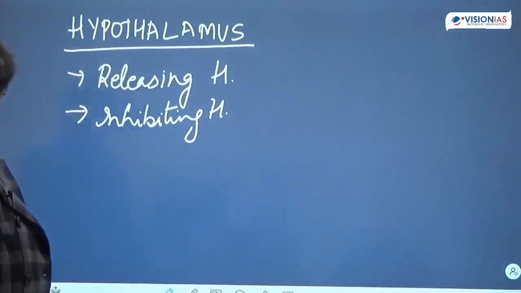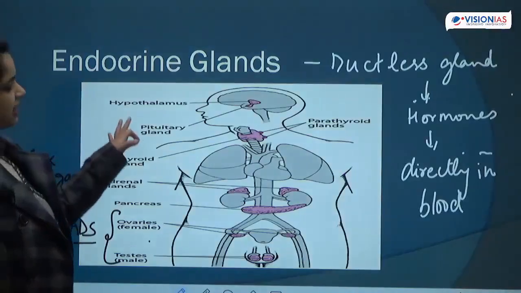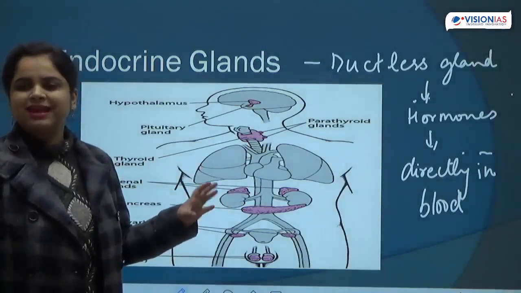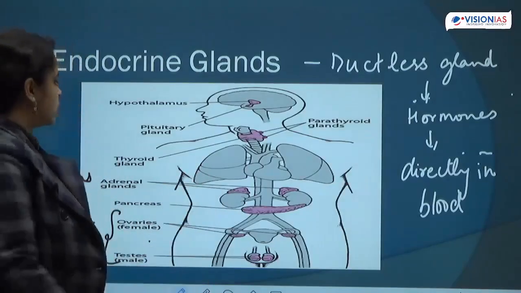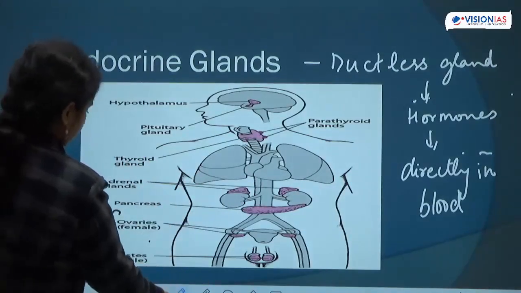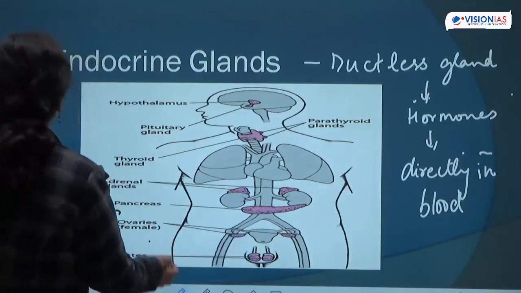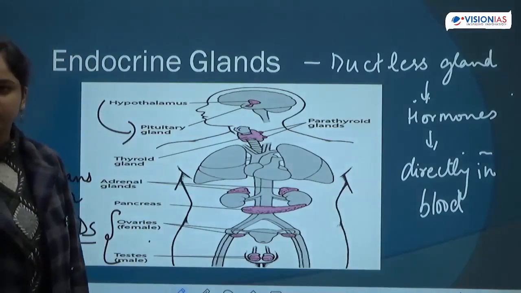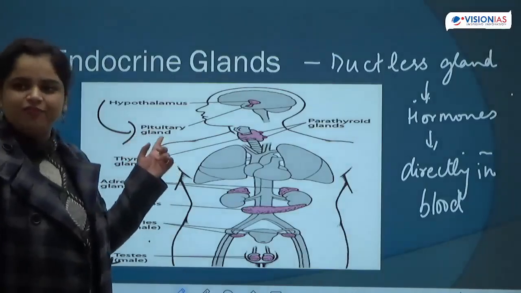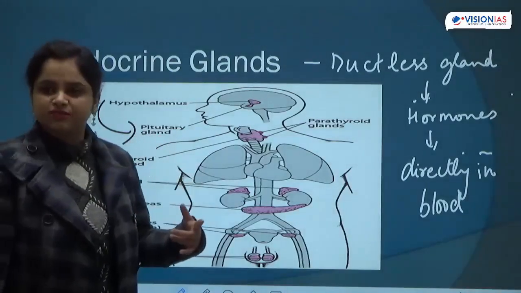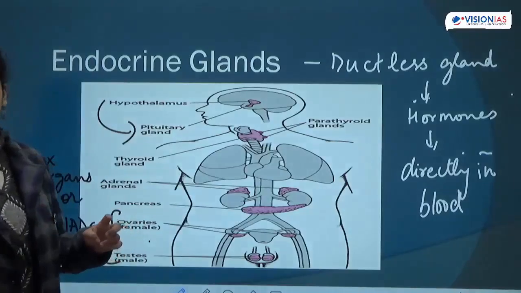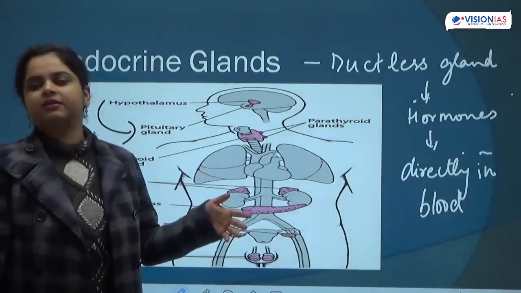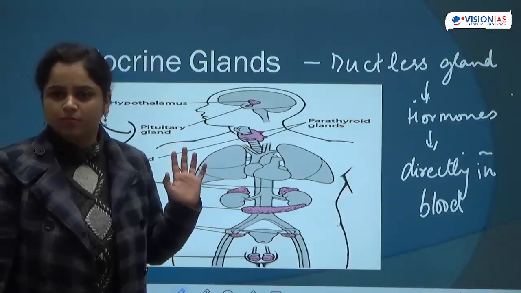What happens is, hypothalamus is a part of the brain, and the hypothalamus releases hormones which are going to be affecting the pituitary gland. This is another part of the brain, and for pituitary to be able to do its function, you first need hormones from the hypothalamus. Hypothalamus will give its hormones, and then the pituitary will start doing its job.